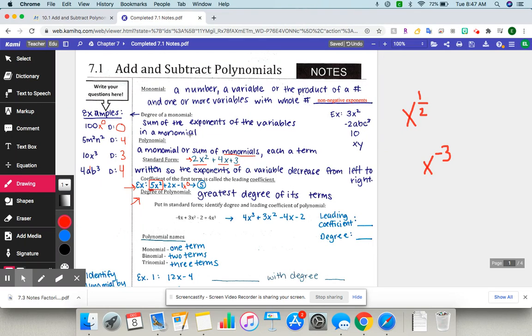So this is a little different than degree of a monomial, since a monomial only has one term, so we only have to focus on that. Whereas with a polynomial, we only want to focus on the term with the largest degree. So if we put this polynomial in standard form, notice we now have the largest degree out front, so its leading coefficient is 4, and the degree of the entire polynomial is 3.